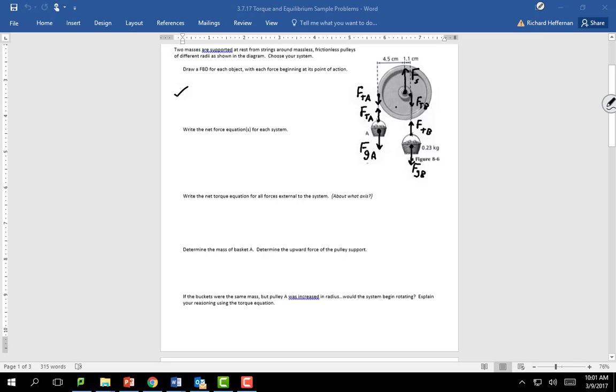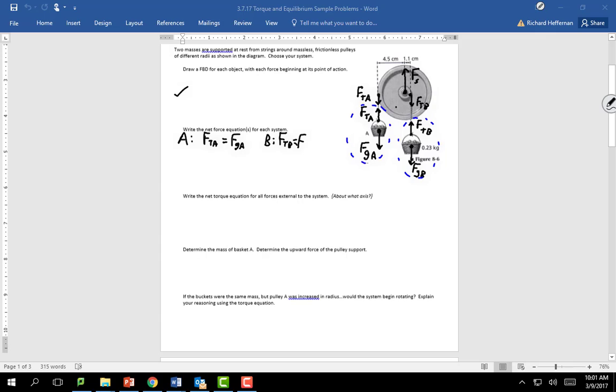Yep. So next one, write the net force equation for each system. So we'll first talk about the system that's just this bucket, bucket A. You guys agree FTA equals FGA? What about the system that's the other bucket? Same thing but with B's.